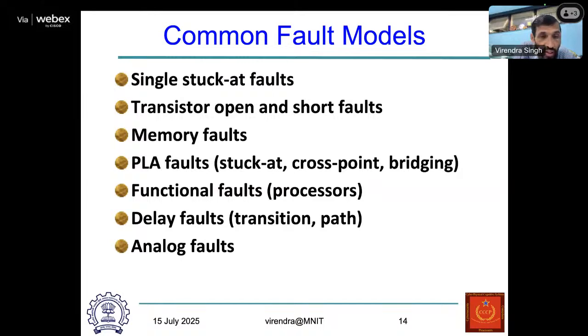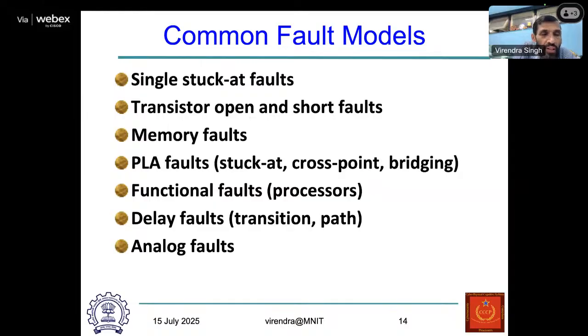Later on people developed approaches to mix in the structural test of the device. Structural test means testing each structure, whether that structure is implemented correctly or not. And that we can test by testing every stuck at fault at every net, because nets represent the structure of the circuit. So whether all the nets are healthy or unhealthy, right?